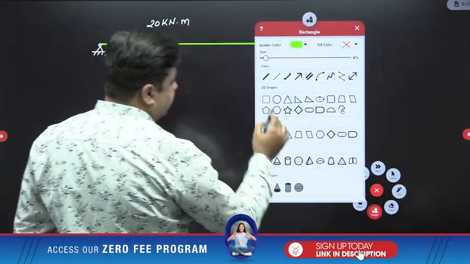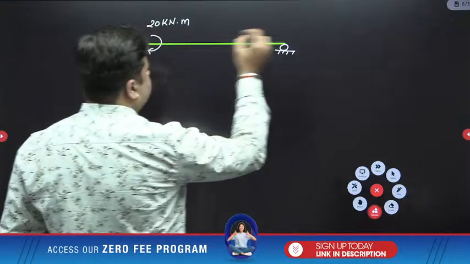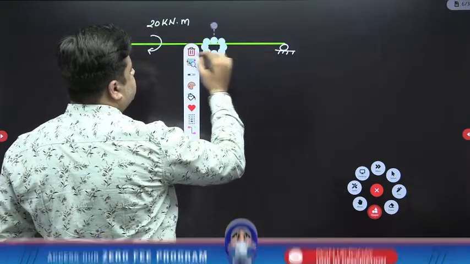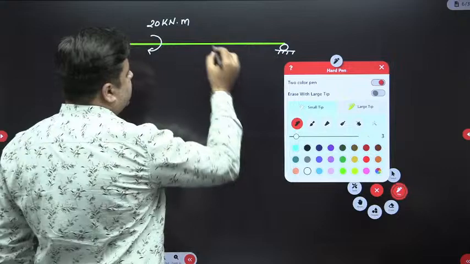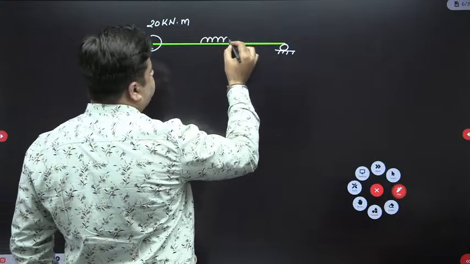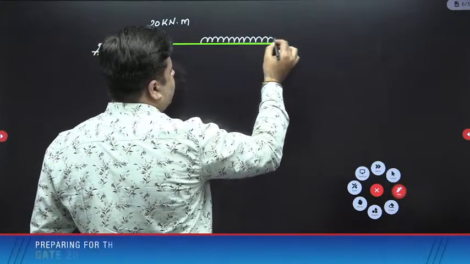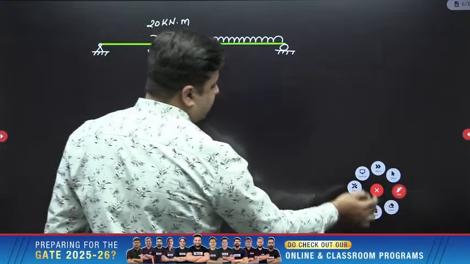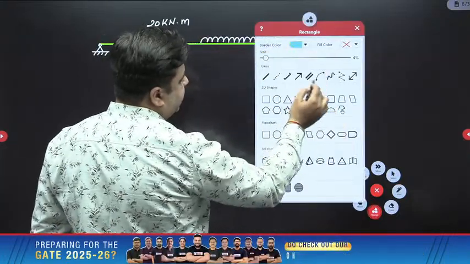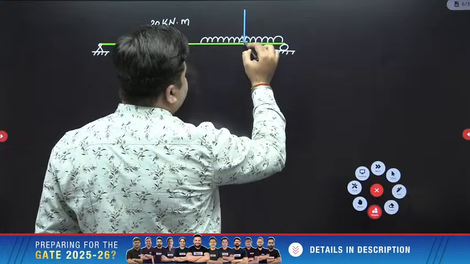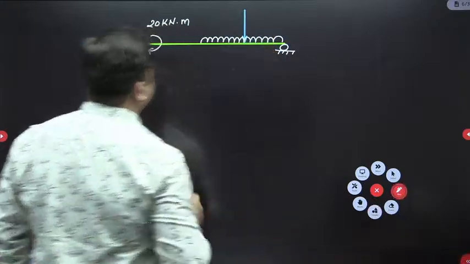Then it is subjected to a UDL over half the length of the beam, and simultaneously there is a point load acting here at 1/4 length. Let me just write this.